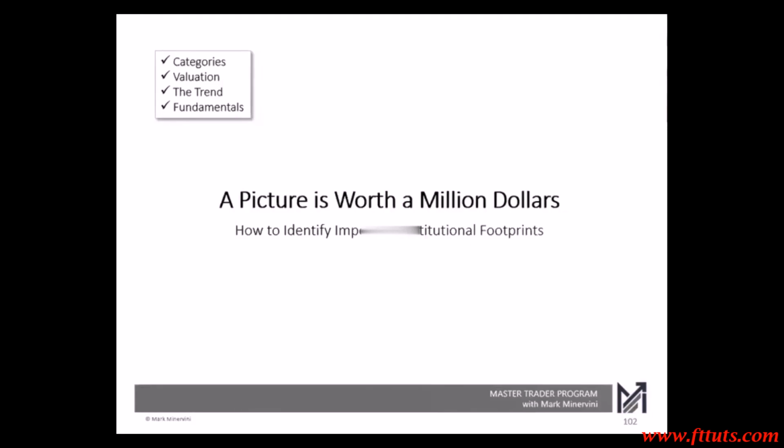So now we're going to start off with what we call a picture is worth $1 million. And this is how to identify the price patterns that are within the stage 2 uptrend. So once we've established that we're in a stage 2 uptrend, we're going to start looking for consolidations. Everything we do is on continuations, continuation patterns, continuation of earnings information.